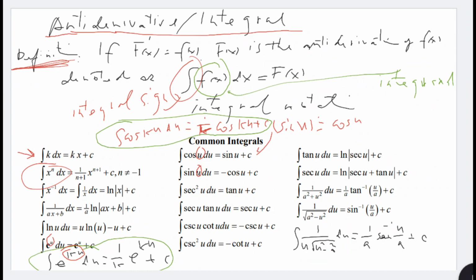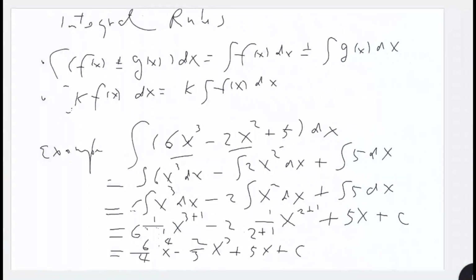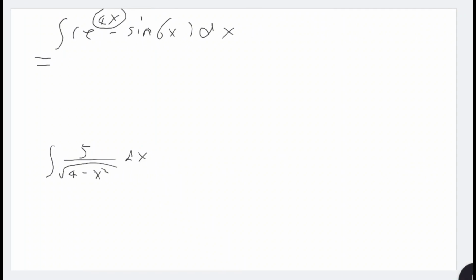So this table happens not to have the k in the front, right? So according to the modified formula, this would be 1 over k e to kx. Or the second one, again the k version.